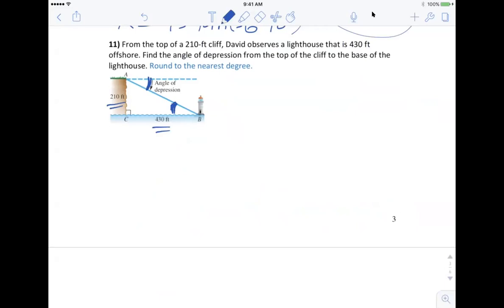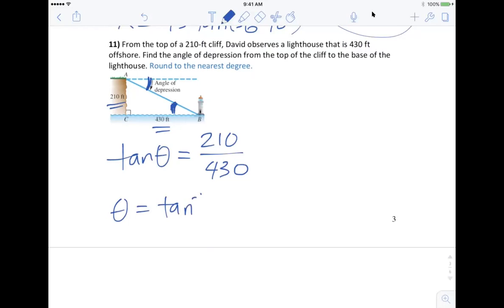So again, it looks like a tangent, right? So I'm going to do tangent again. Tangent of the unknown angle is 210 over 430. All right. And then to figure out the angle, we've got to do tan inverse. So there's my calculation for this one. Okay. Let's see what that is.